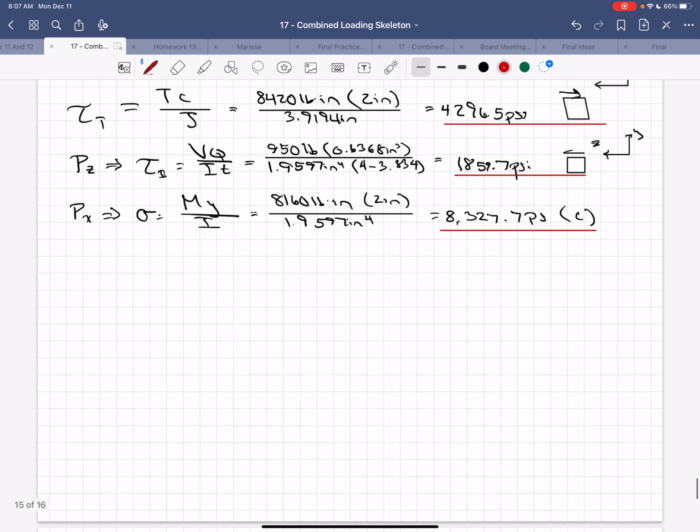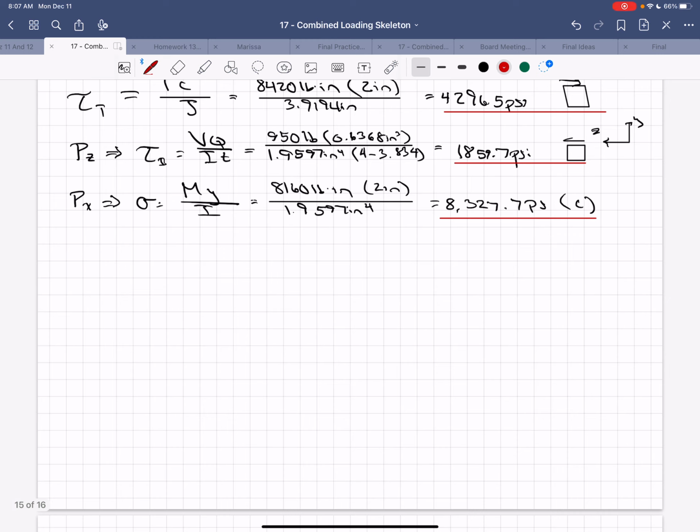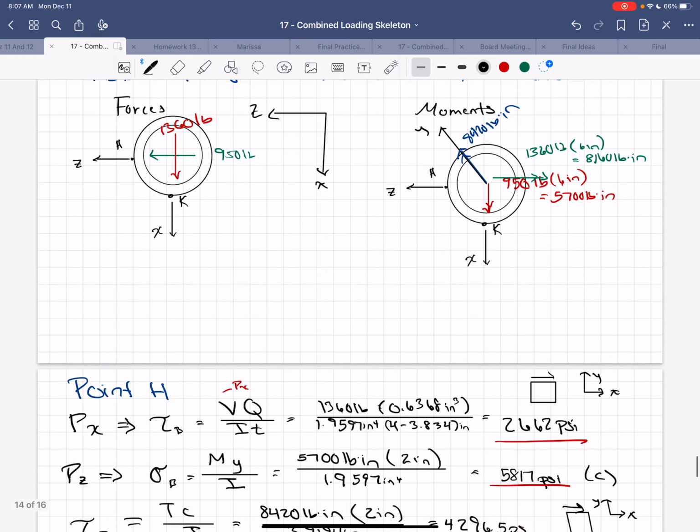So then we can put those together on the stress block. K here. Our only normal stress is in compression in the Y direction. So we have Y positive, Z positive to the left.